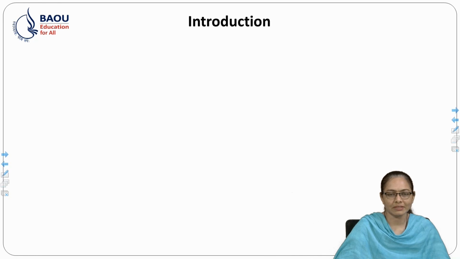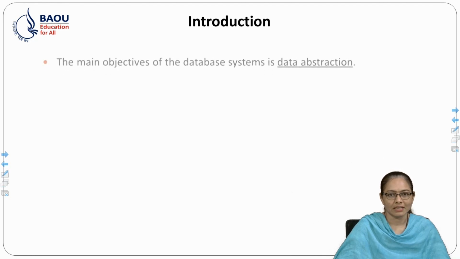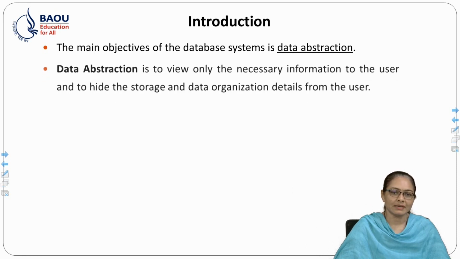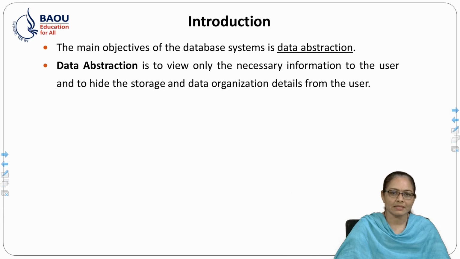First, we start with the introduction. The main objective of the database system is data abstraction. What is data abstraction? We already discussed it in the previous lecture. Data abstraction is to view only necessary information to the user and to hide the storage and data organization details from the user.